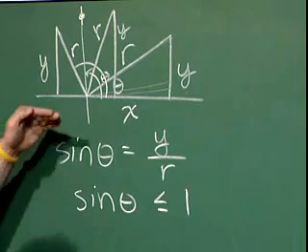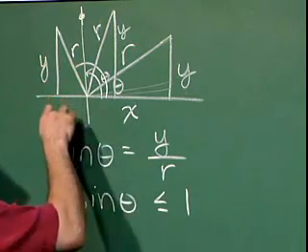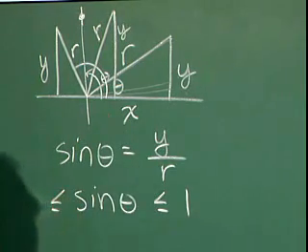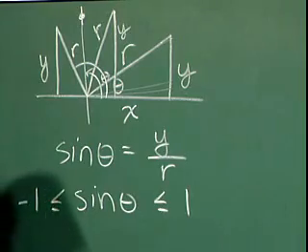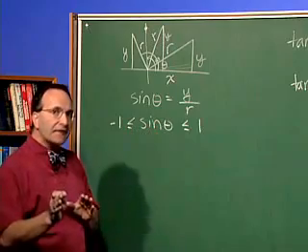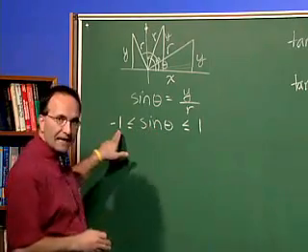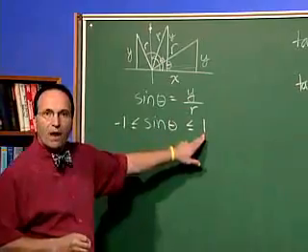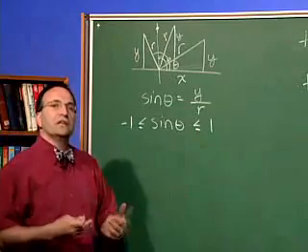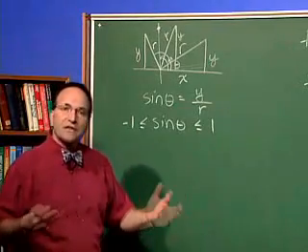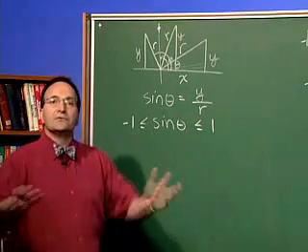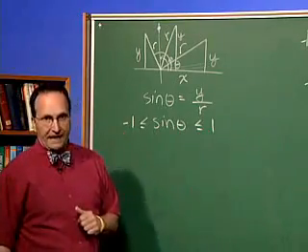And if you take that same idea but bring it into quadrants 3 and 4, what you'll realize is that the sine of theta will never be less than -1. So all of the values, the range for the sine of theta, are between -1 and +1. Which is to say, for example, there is no such value of the angle theta so that sine theta is equal to 3. That just can't be because it's not in the range. Similarly, you can't have sine theta equals -2 because that would be out of the range.